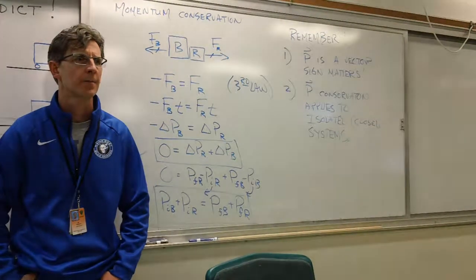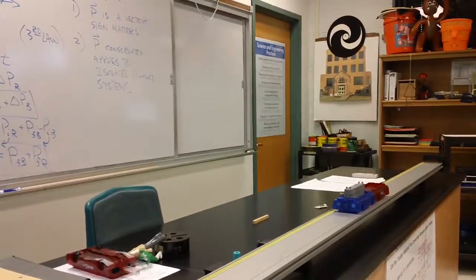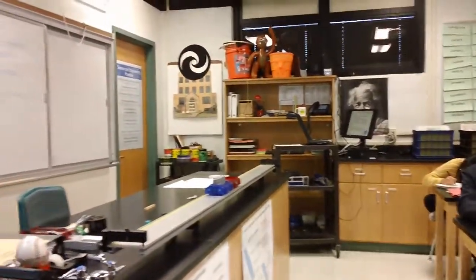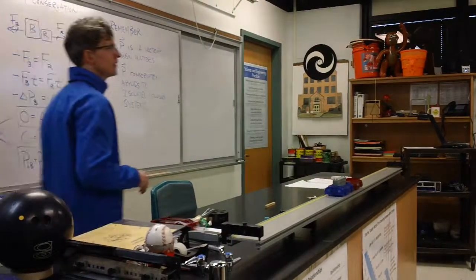Okay. I don't know if I can get this in video or not, but let's see. So, for example, I'm going to show you two things that mess this up, where the systems are not isolated. Here's one way.